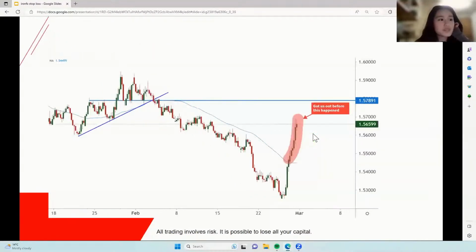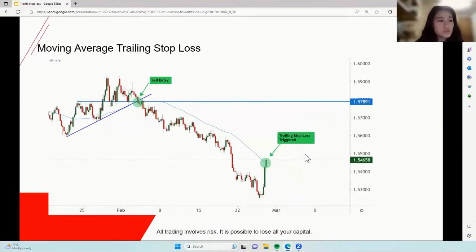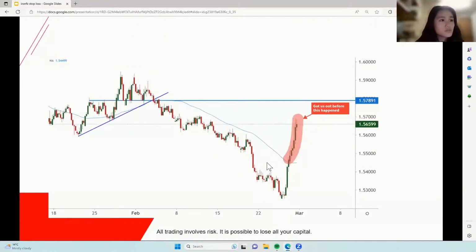So it got us out before this happened. This is the before. This is where you get stopped out. And then this is what happens if you weren't stopped out.